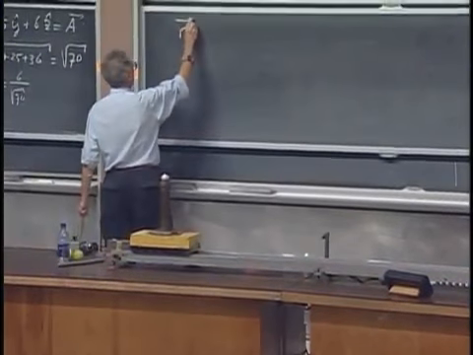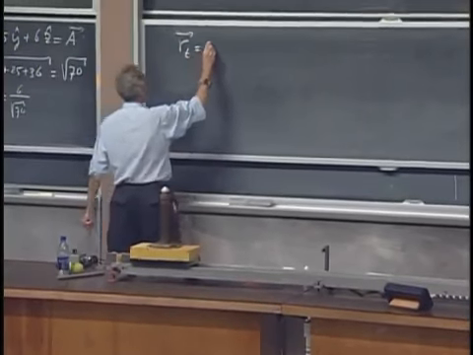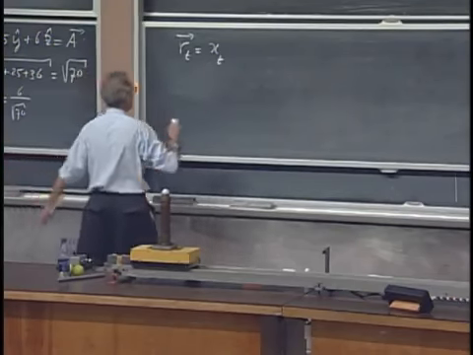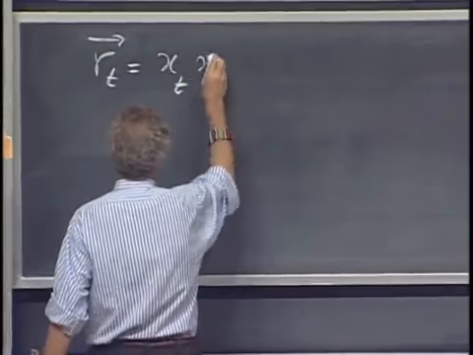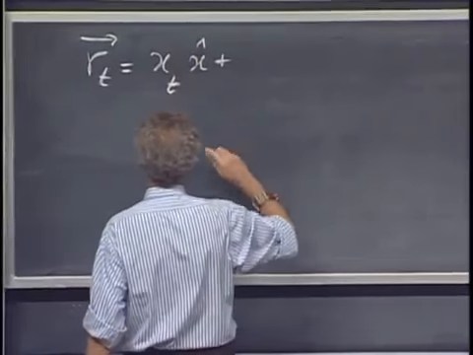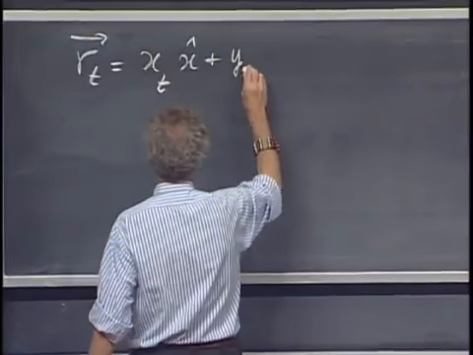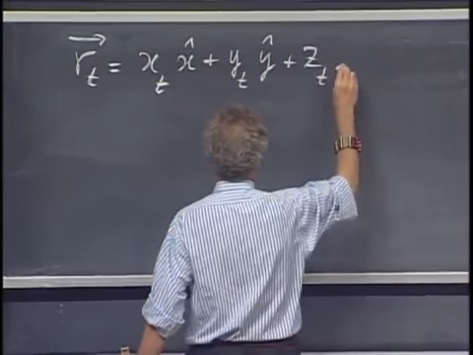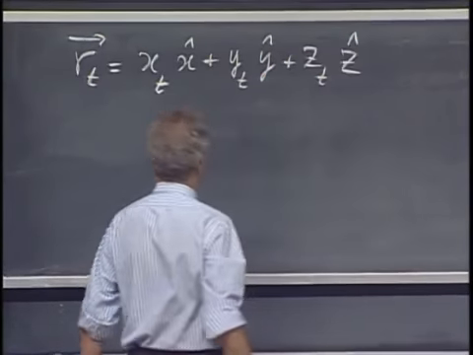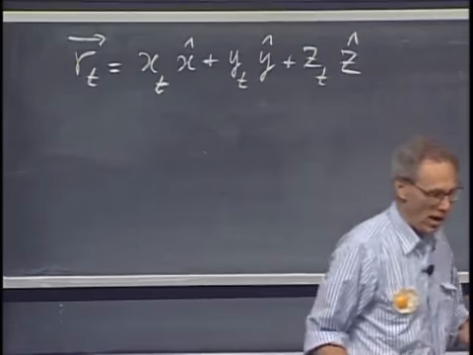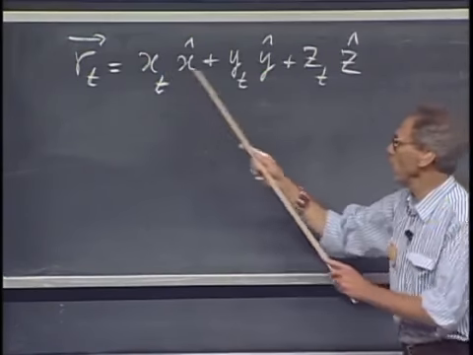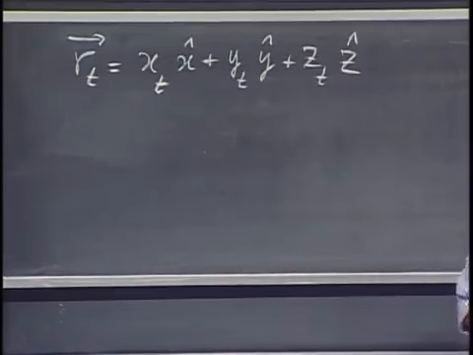R, which changes with time, is now X of T, times x roof, plus Y of T, y roof, plus Z of T, z roof. I have decomposed my vector R into three independent vectors. Each one of those changes with time.